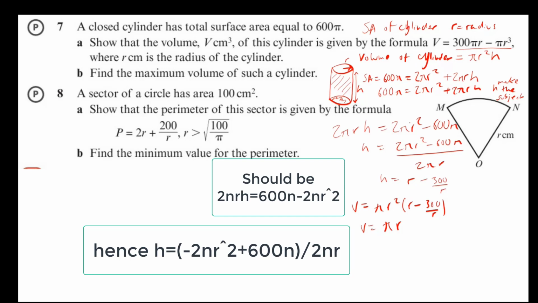So 2 pi r h equals 600 pi minus 2 pi r squared. So let's cross that out. So that's a plus, that's a minus. So in fact we get minus r plus that. There, that's a quick fix.